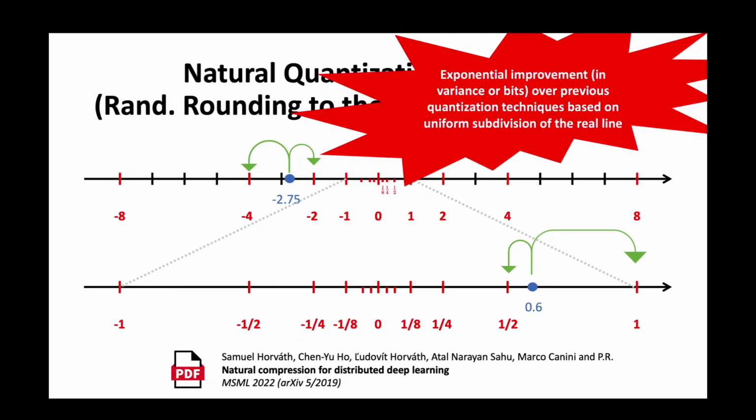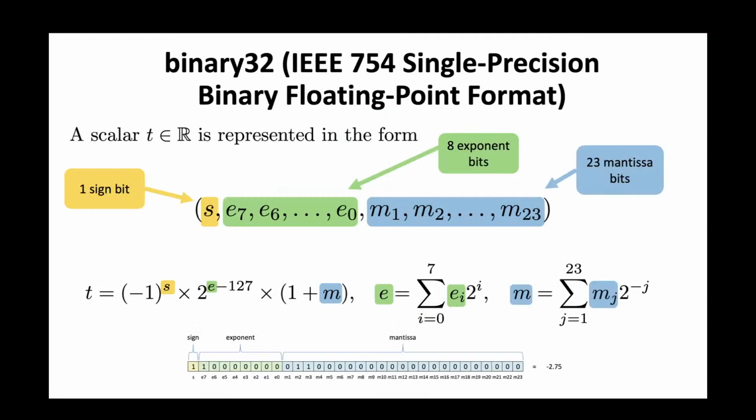Okay? So why do we call it natural? Because if you take, let's say, this binary32 floating point format of a number, then it looks like this. You have 1 bit for the sign, 8 bits for the exponent, and 23 bits for the mantissa.